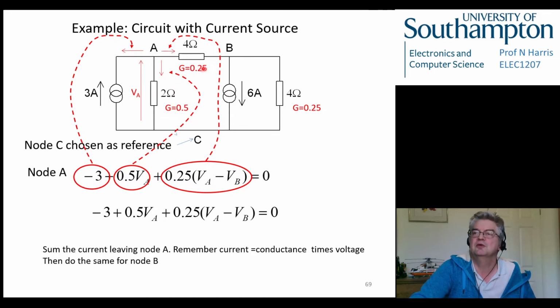Then this one is the only interesting one in many ways, because we're looking at the voltage difference across this branch, and the voltage difference as defined would be VA minus VB. Multiply that by the conductance, 1 over the resistance if you like, and it gives us the current as defined in this direction here. So we get 0.25 (VA minus VB). They all equal 0: the 3 currents leaving all add up to 0.